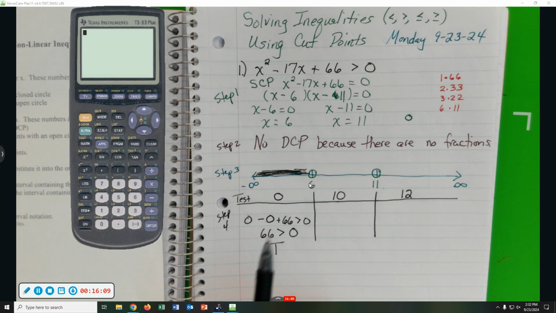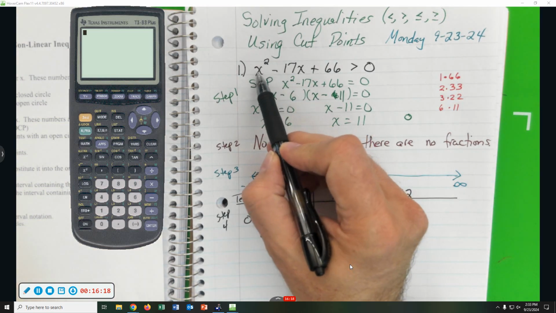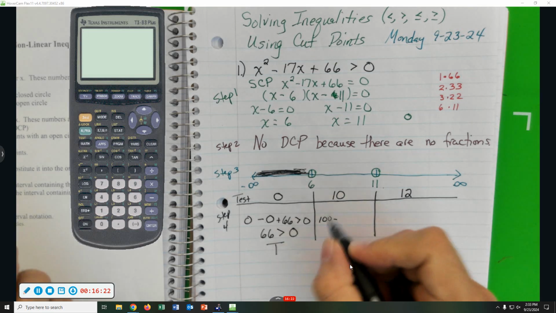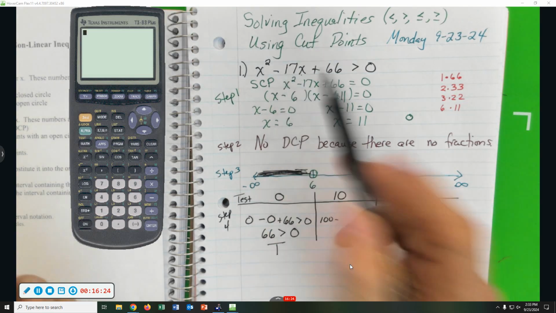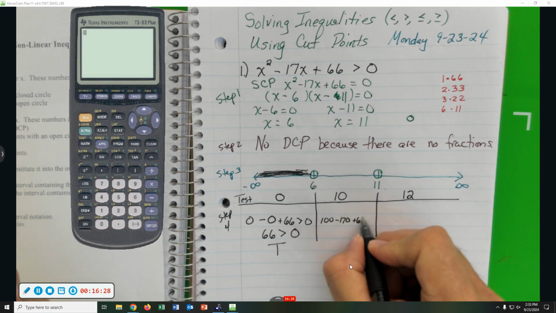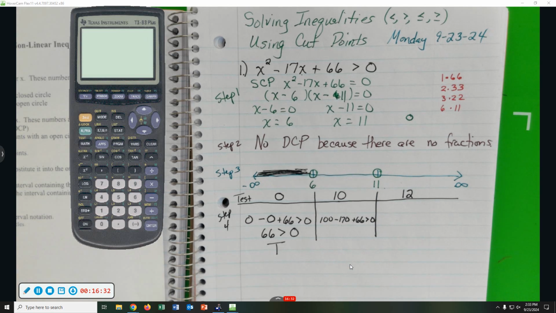What about between 6 and 11? Well, let's see. We chose 10. Let's plug 10 in. 10 squared is 100. Minus 17 times 10 is 170. Plus 66 is greater than 0.